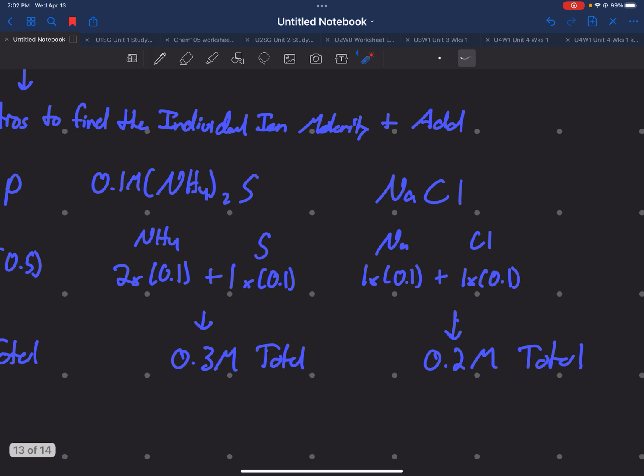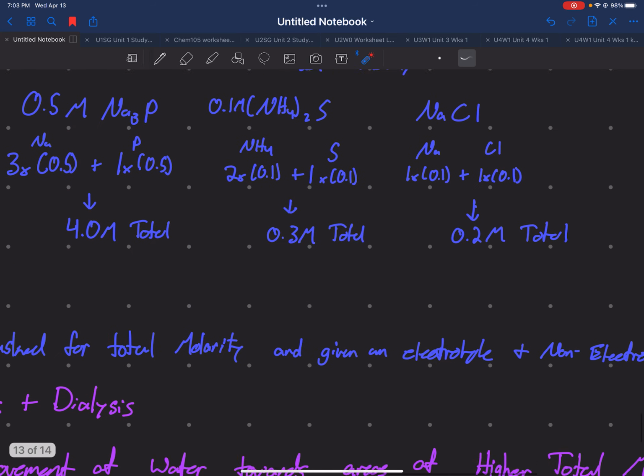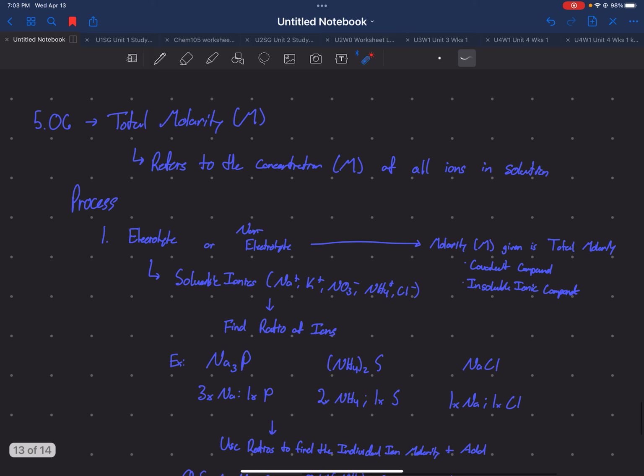Okay, and then NaCl, so there's 1 Na. Oh, I messed up here. I meant to put that this is a 0.1 molar sample, but that's where I would have gotten these. And it's just the same process. So that's how you do total molarity for an electrolyte.